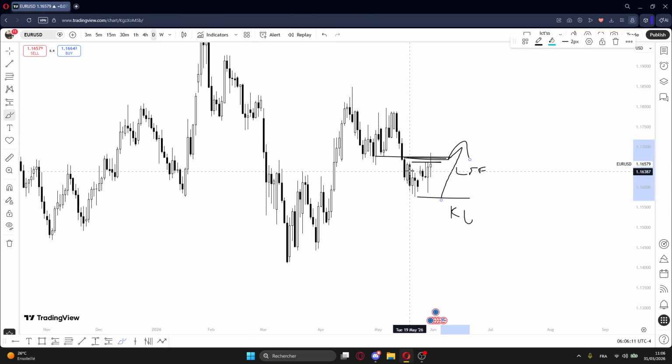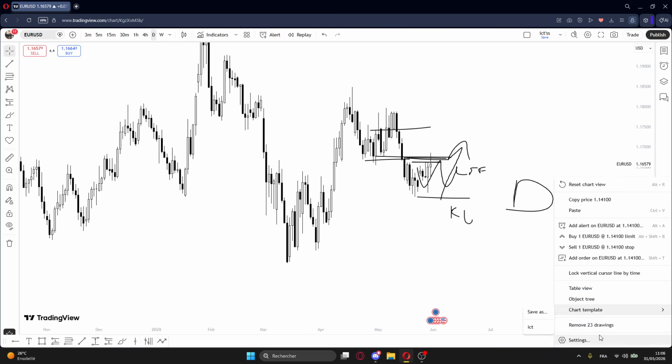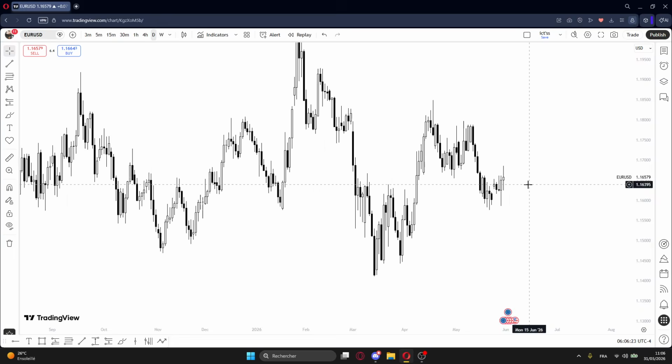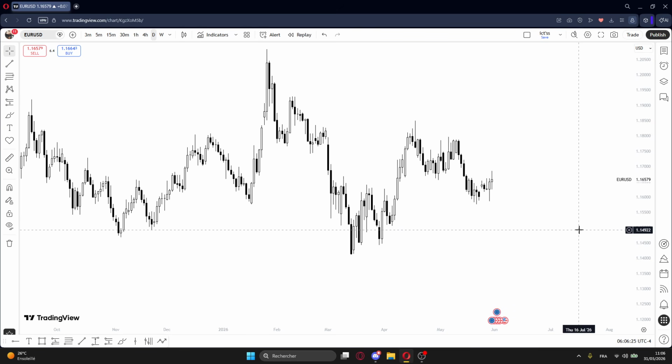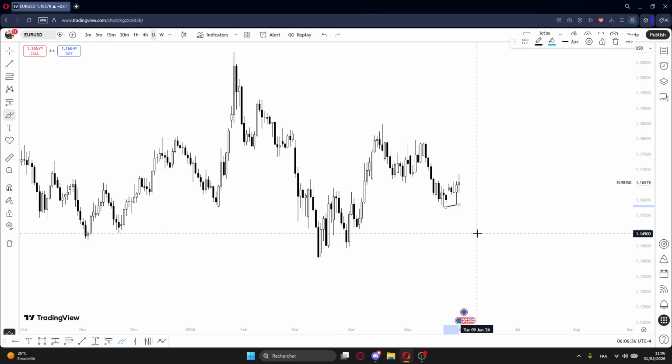So, if it starts rejecting both lows and highs, then you drop the daily time frame and you switch to a 4-hour time frame and so on. That will be a topic for later. But essentially right now, if you were ever thinking about buying, then this SMT should never get run through.